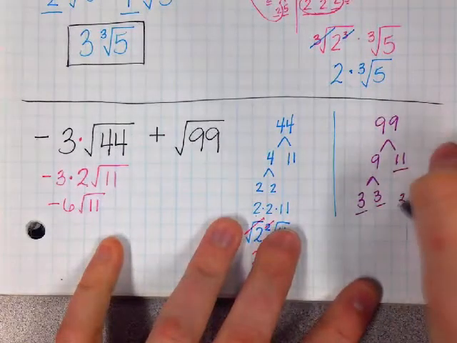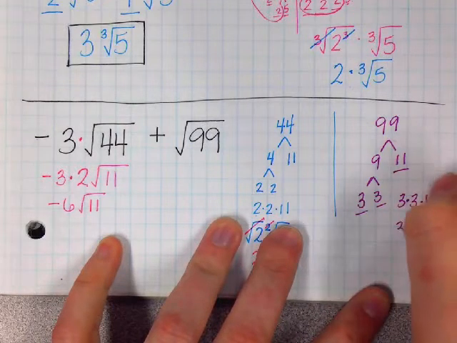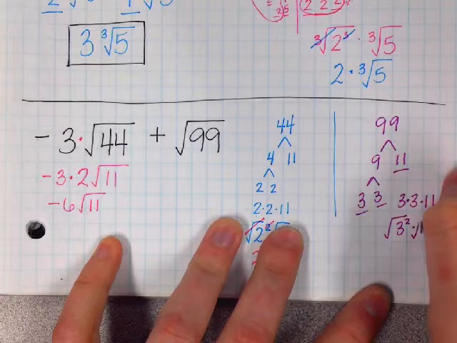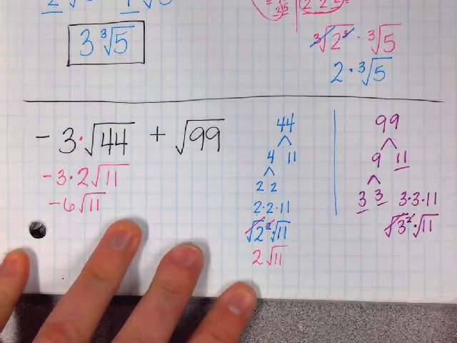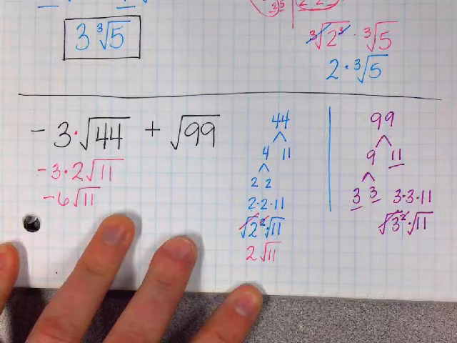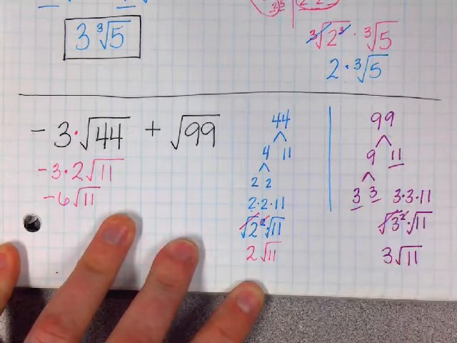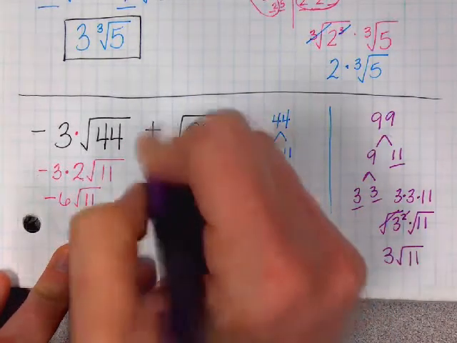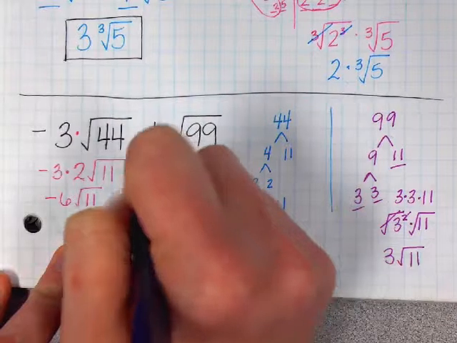So I could write my factors as 3 times 3 times 11, or 3 squared times 11. Place both of them under their own square root. Then we have that and that cancel. The 11 doesn't cancel with anything, so it would be 3 square root of 11. Rewrite the square root of 99 as the 3 square root of 11.